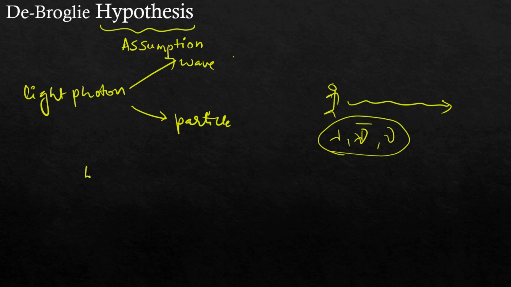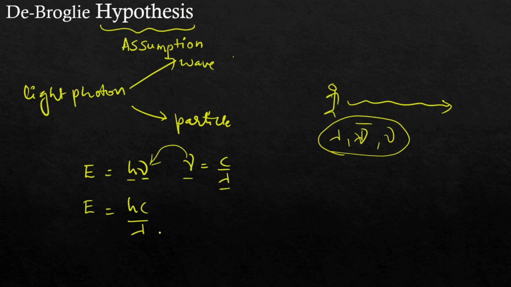Energy of light photon E is equal to h nu. Nu is the frequency, h is the Planck's constant, and nu is equal to c by lambda. Lambda is the wavelength, c is the velocity of light. If I apply that frequency term here, E will be hc by lambda.